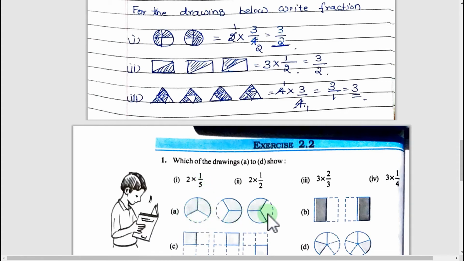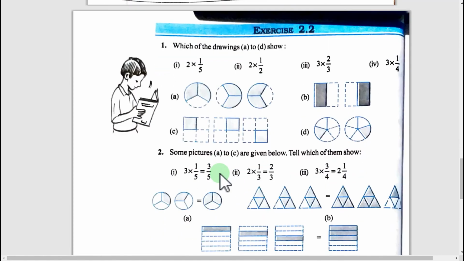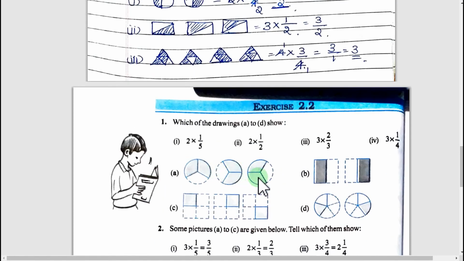For A, here, how many figures are there? Here coloring shading is not visible. I will try to correct that.